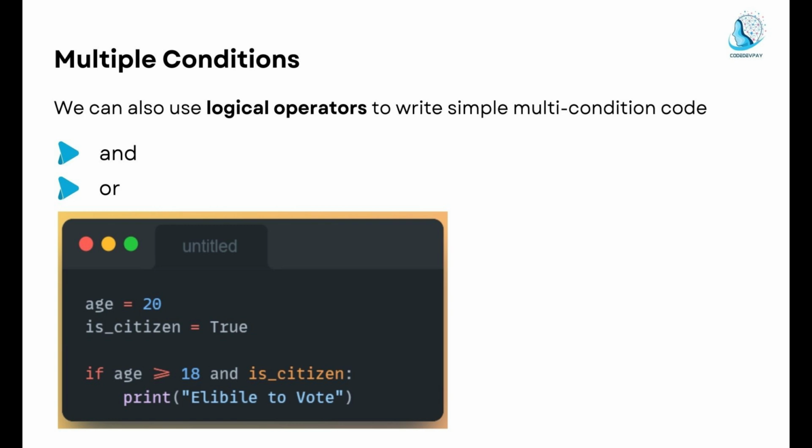And for the code block, we have print into brackets eligible to vote. So for this condition, we are going to check whether the age is greater than 18 and then if is_citizen is equal to true. Because we know that for the logical operator AND, it returns true only when both conditions are true. Let's run this code in our IDE and see the results.